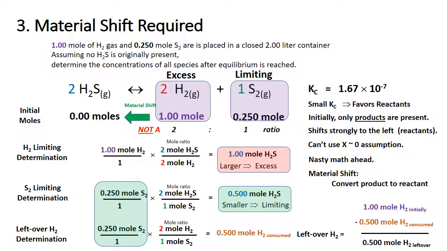In a nutshell, what we've determined is that as we perform this material shift, all of the S2 can be converted into H2S, but only 0.500 moles of the H2 can be converted into H2S, leaving us with 0.500 moles of H2 left over.